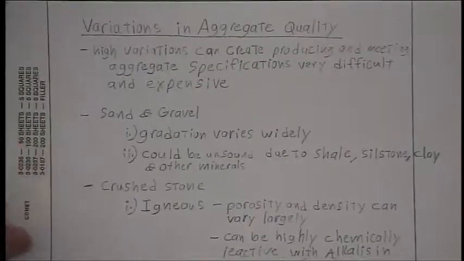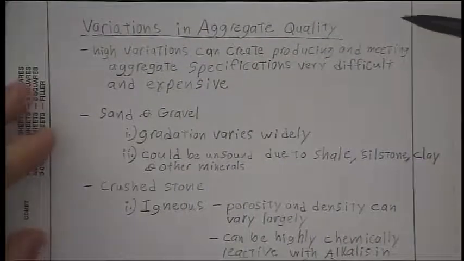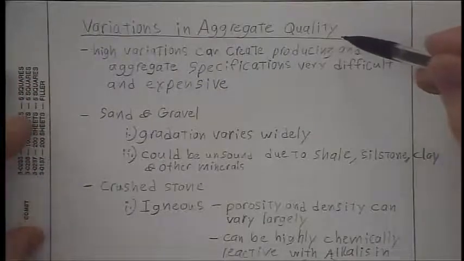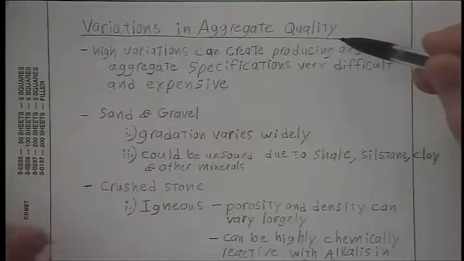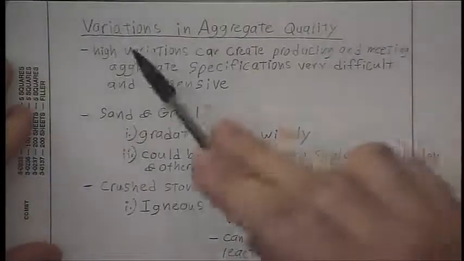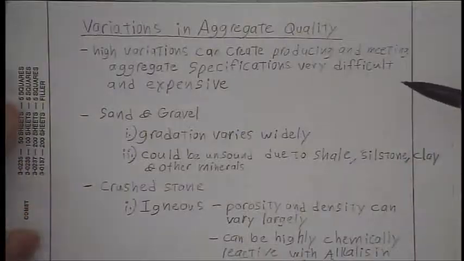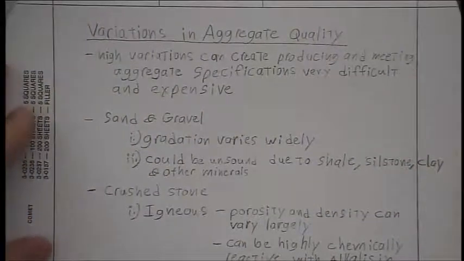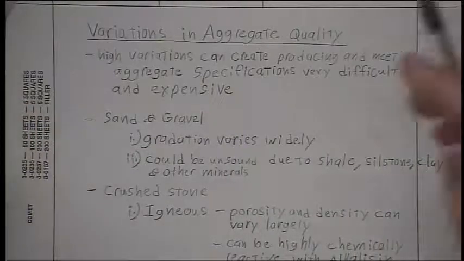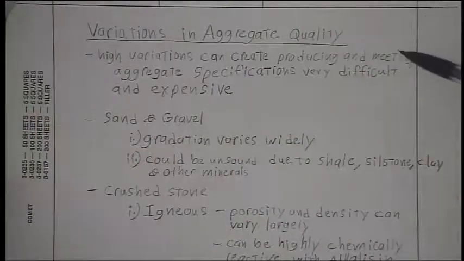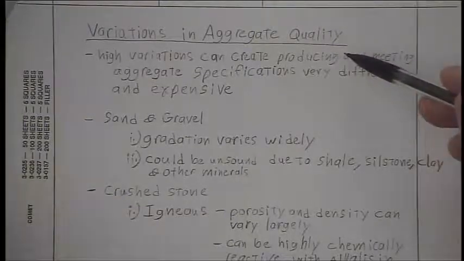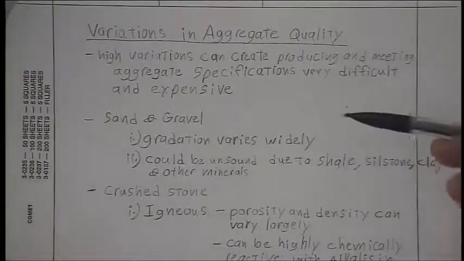It's real important to take into account all the aggregate properties that we have already talked about and the chemical makeups, to understand the variation in aggregate quality. Because if you have a lot of variation in your aggregate properties, it can be very, very difficult for an aggregate producer to meet a specification for a job application.